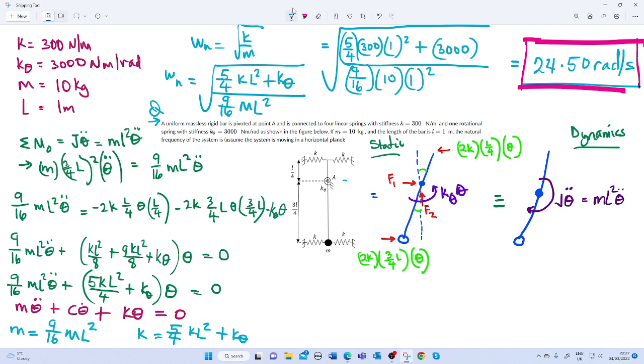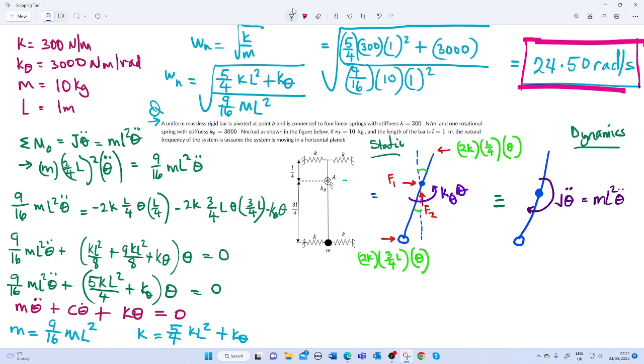If the mass of the body M is 10 kg and the length of the bar, that is the massless rigid bar, is 1 meter, calculate the natural frequency of the system, that is Wn, assuming the system is moving in a horizontal plane.